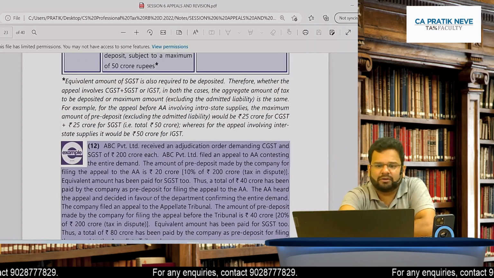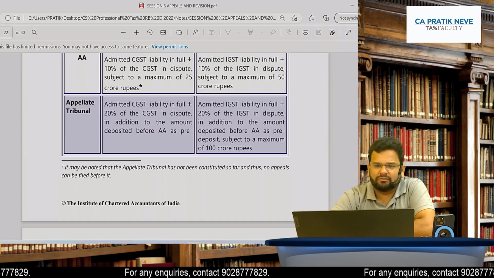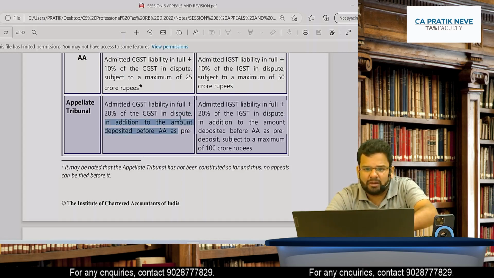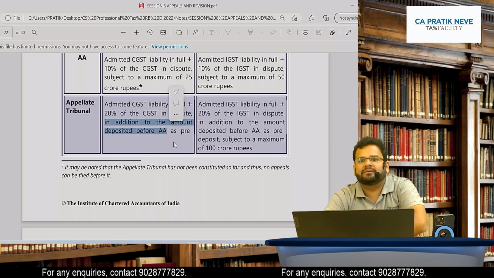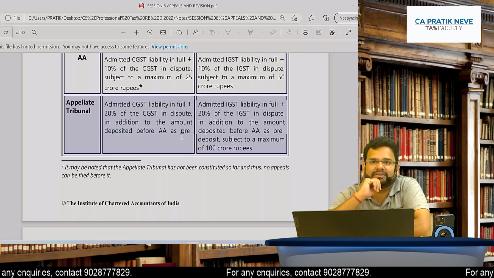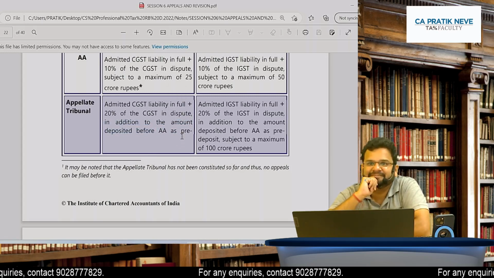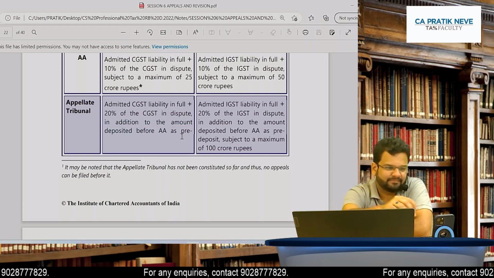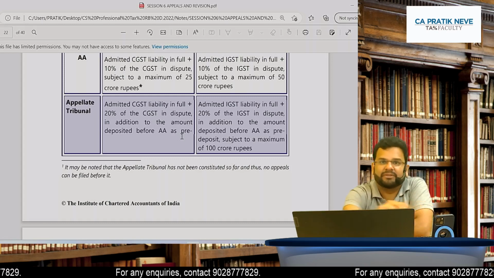If you observe one word here, in addition to the amount deposited before AA. Agreed? Himani, I have answered your question. Very good.